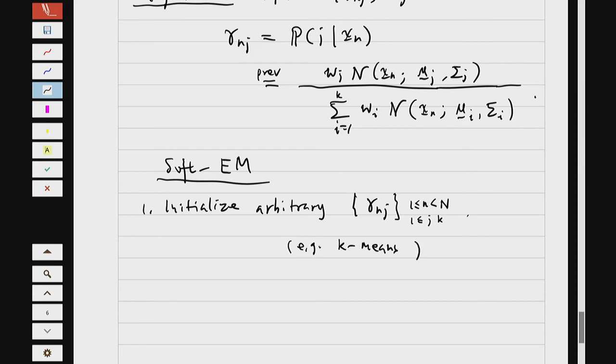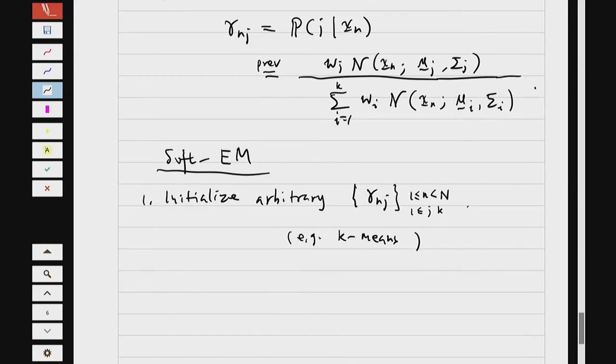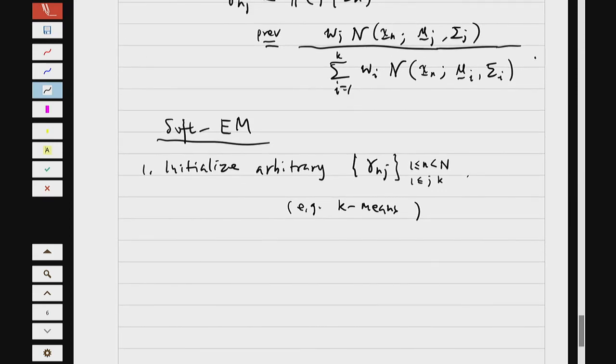We can use k-means because this can probably just be 0, 1. As the initial point, nothing wrong with that. We say the probability is 1 in that bump and 0 in all the other bumps. This is one valid solution, therefore it can be a valid initial point. So we can use k-means again. We don't have to do anything different.